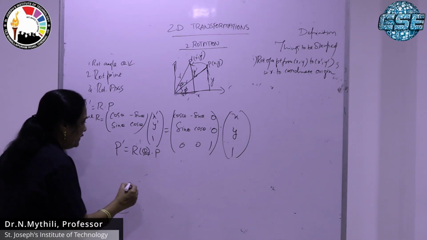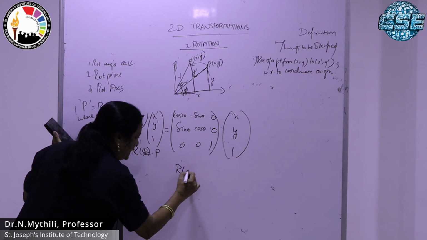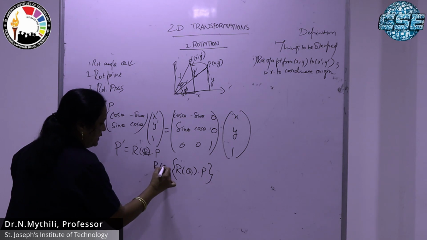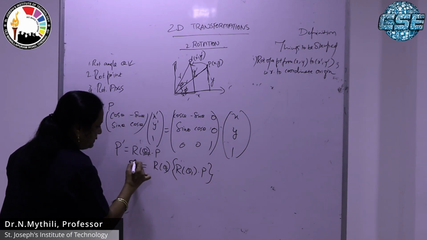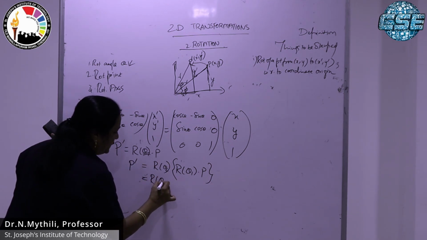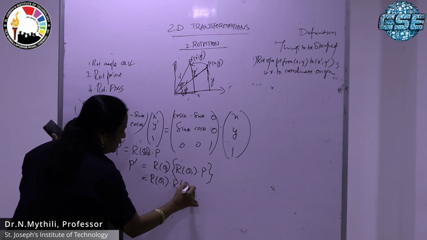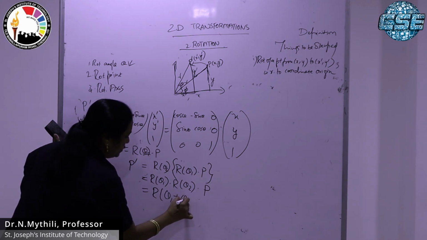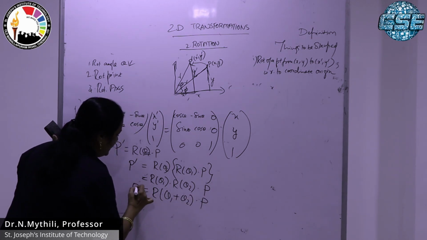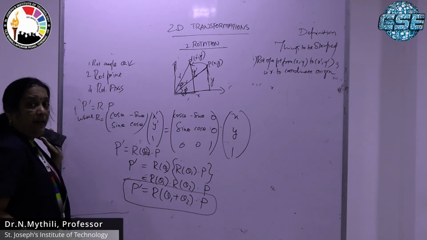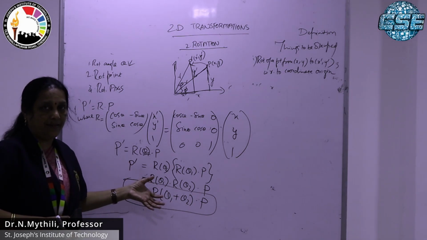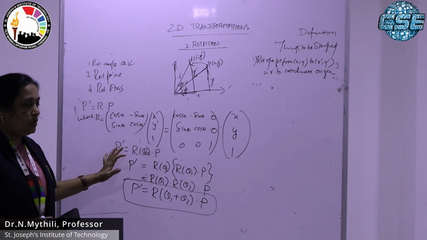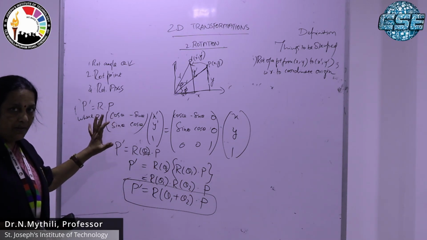So we have R of theta 1 into P, and then R of theta 2 applied to P dash, which is equal to R of theta 1 into R of theta 2 into P, which is equal to R of theta 1 plus theta 2 into P. This is the composite transformation for rotation. So here also it tells that the rotation parameters are additive for successive rotations. So this is what about rotation.